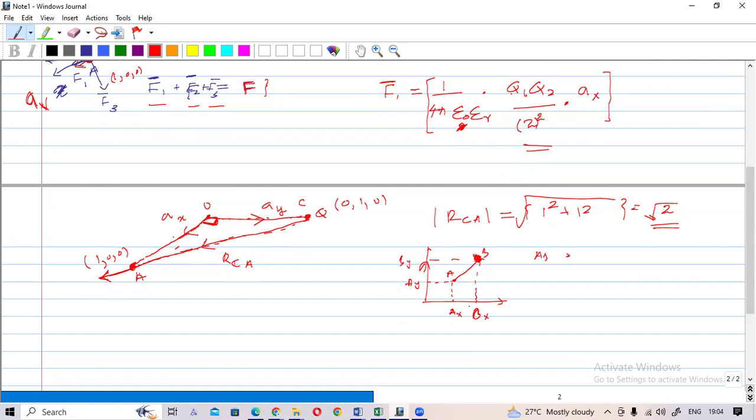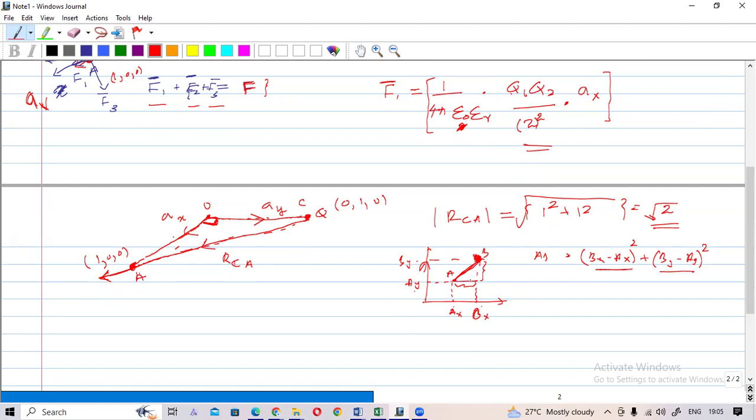You have to find BX minus AX, that is this length, squared, plus this length, BY minus AY, squared. Then you can find this distance. So you get the difference and square it.